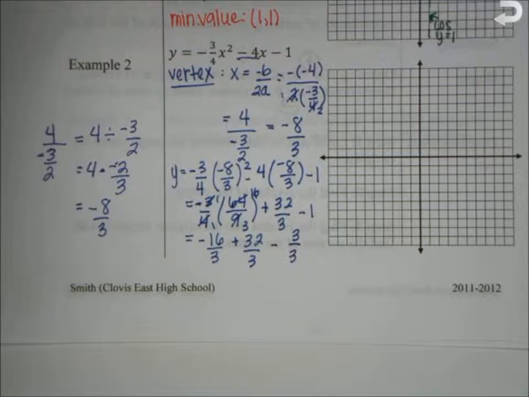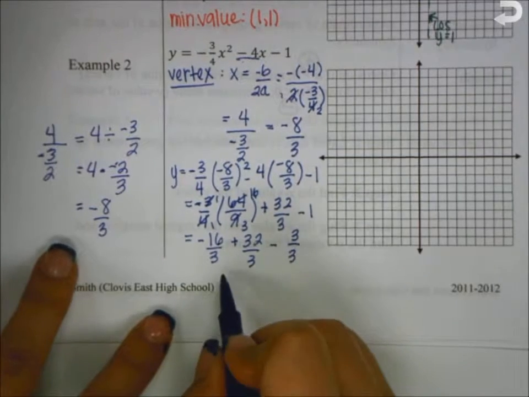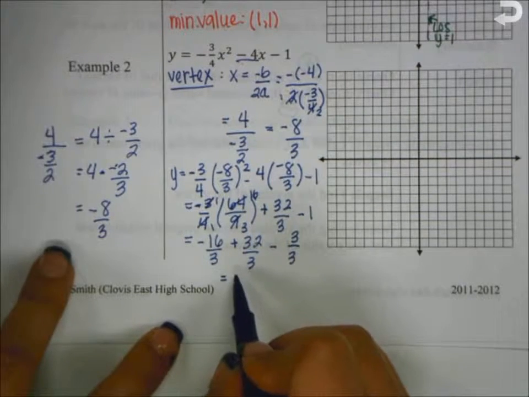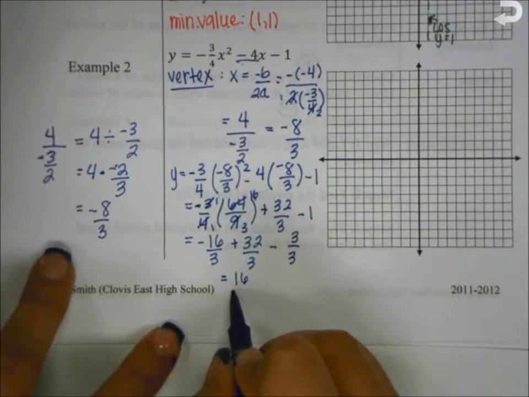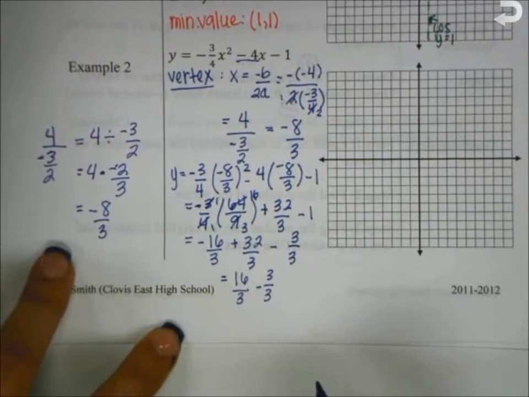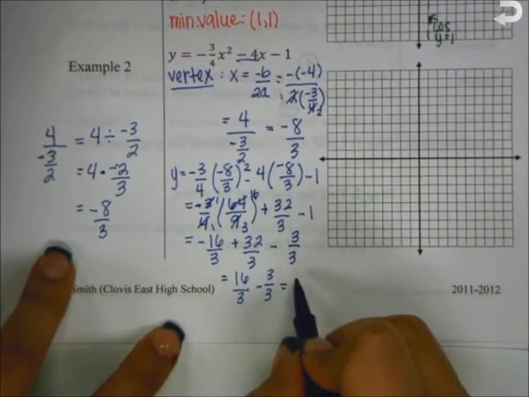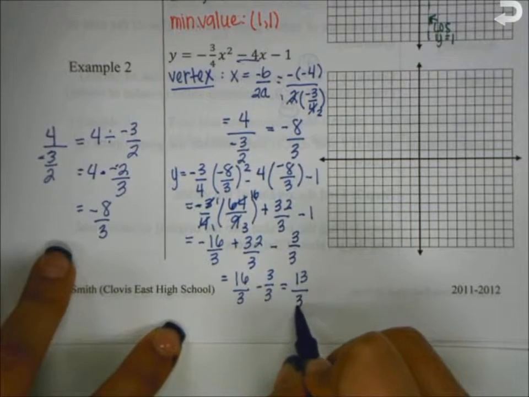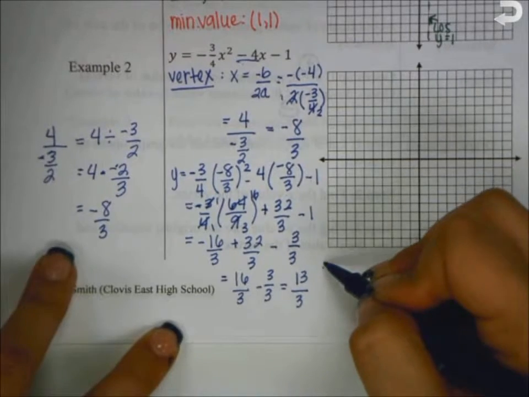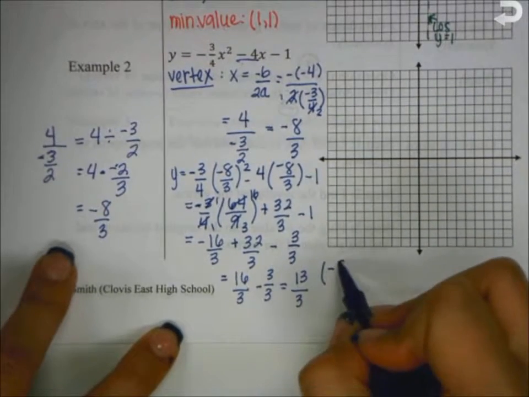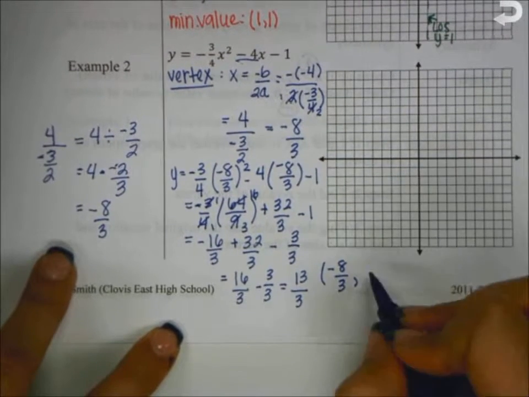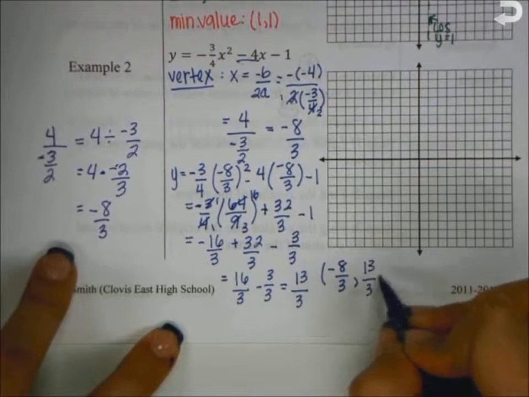Negative 16 plus 32 is 16 over 3, minus 3 over 3, which gives you 13 over 3. So what is my vertex? The x value was negative 8 over 3. The y value was positive 13 over 3. So that's my vertex. I'm going to put a box around it so I don't lose it.